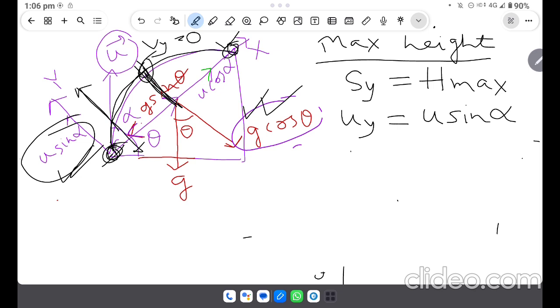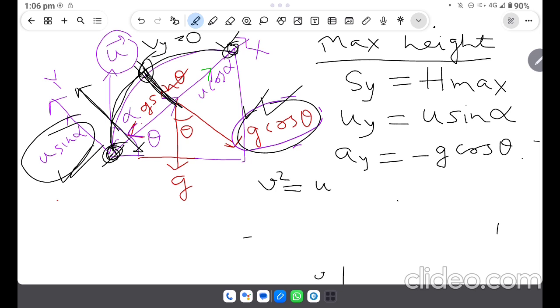Now ay is minus g cos theta. So we are going to use the formula v square equals u square plus 2as.